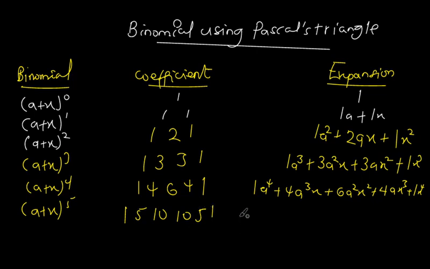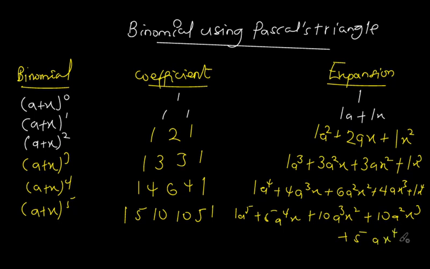So this expansion will give us what? 1a raised to the power 5 plus 5a power 4x, then plus 10a power 3x square plus another 10 again, a square x cube, then plus 5a x power 4, then plus 1 x power 5.